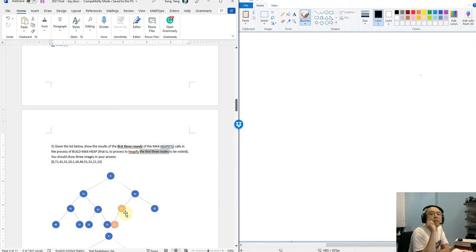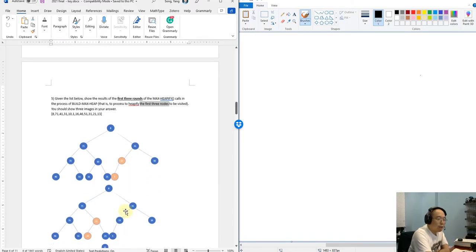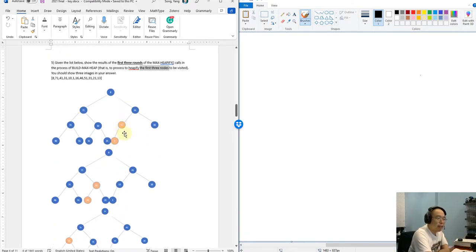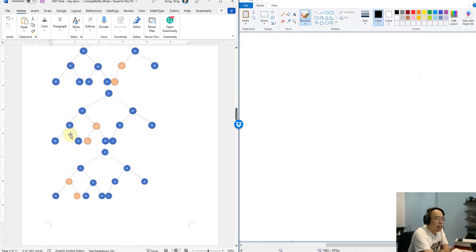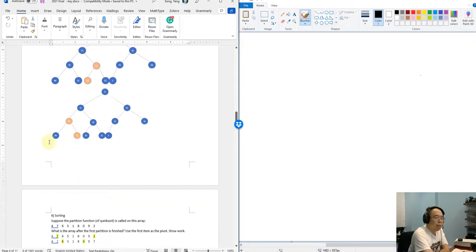So 13 is the first non-leaf node, so we are going to do the first heapify on the node 13. After we have done the first heapify on 13, we move to the left side. So we do a heapify of the 10 and a heapify of the 31. After that, this will be the unfinished heap. After 3 heapifies, we are done.